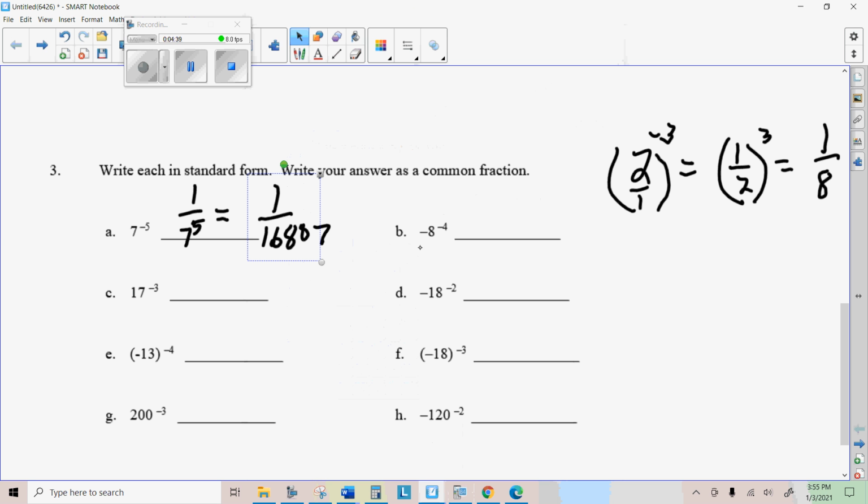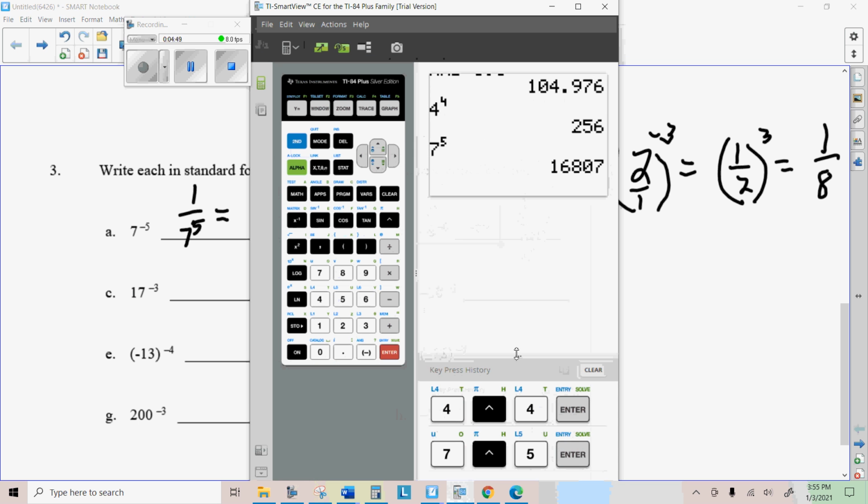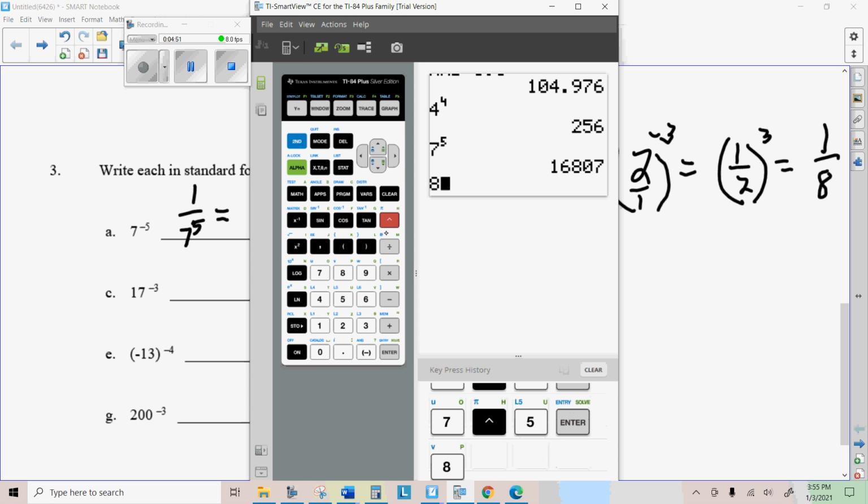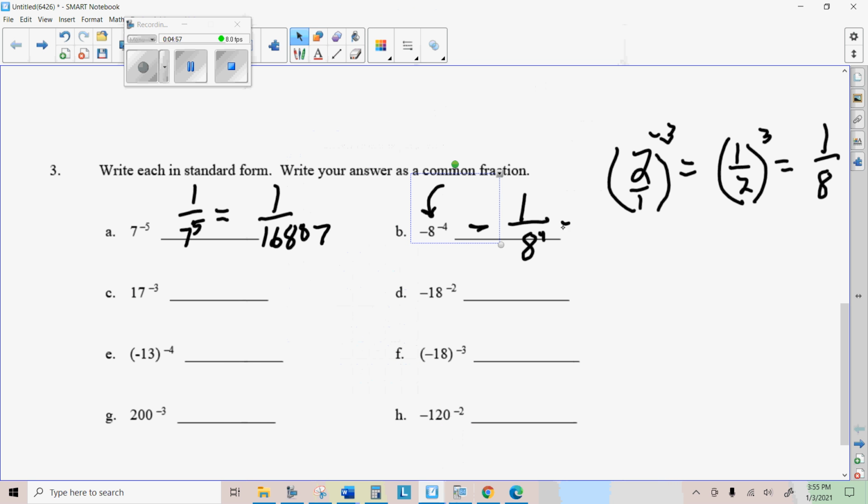Now on the second problem, the negative in front just makes it a negative number, but again I have to flip the 8, so I have to figure out what 8 to the 4th is. 8 to the 4th power is 4,096, so it's 1 over 4,096.